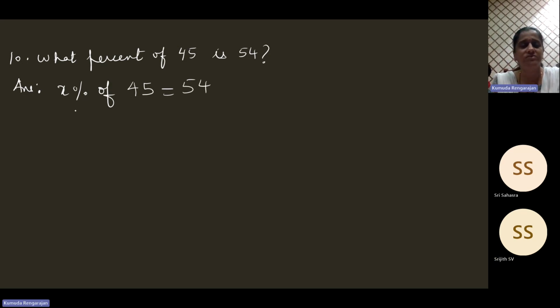What do you mean by X percent? X by 100, ma'am. Of stands for multiplication. X by 100 into 45 is equals to 54. X is equals to 54 into 100 by 45.